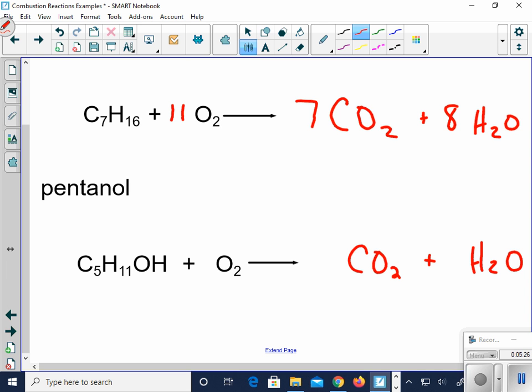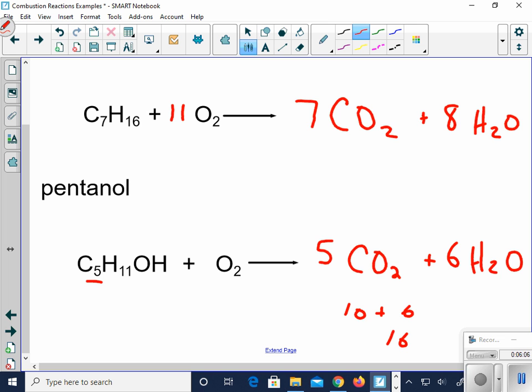Now, when I start out, I told you I always start with what? Carbon. Okay? So I see I have 5 carbon right here. I'm going to put a 5 right here. My carbons are balanced. I look at hydrogen. Here's 11 plus 1, I have 12. Makes sense that I put a 6 right here, correct? Now, the only problem is that now I have 10 and 6.